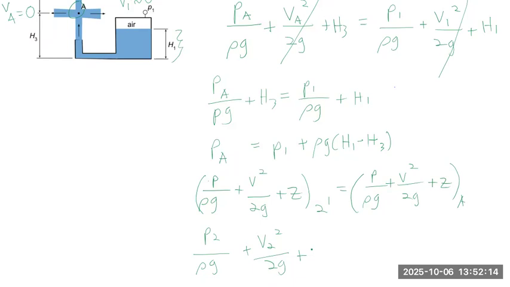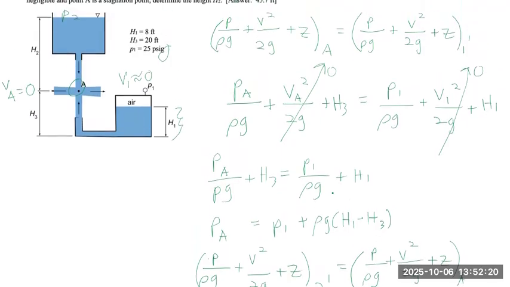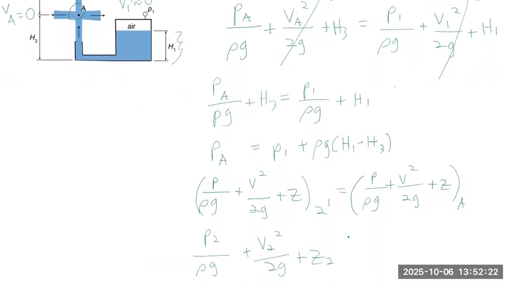Plus Z2, which is the distance from point 2 to point A, which is H2.